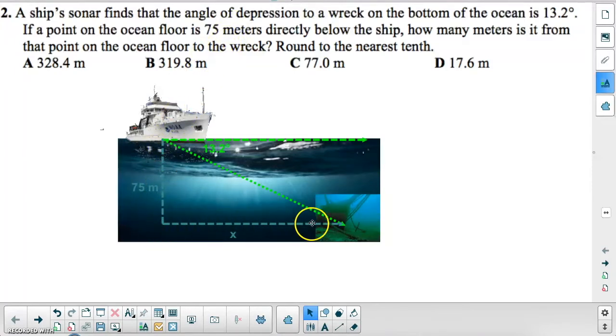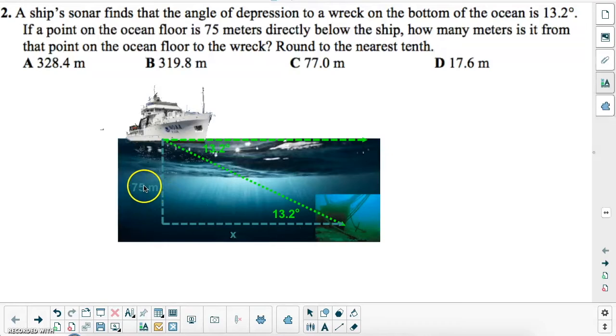We want to know how many meters the boat is from the wreck. So the point on the ocean floor is here, and we want to know its distance to the shipwreck. To do that, we have our angle here, but that is not only our angle of depression, it's also our angle of elevation. Use that angle of elevation in the triangle here to solve for x. So from the 13.2 degrees here, 75 is opposite and the x is adjacent.